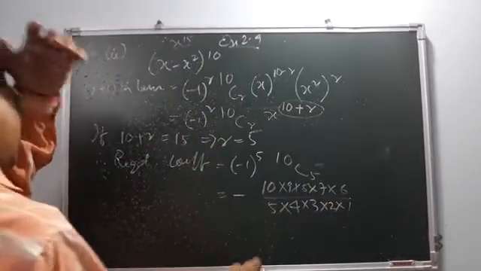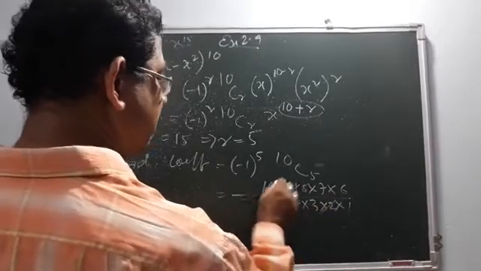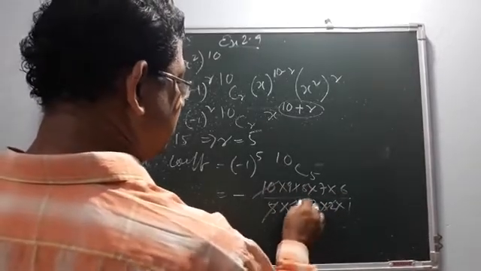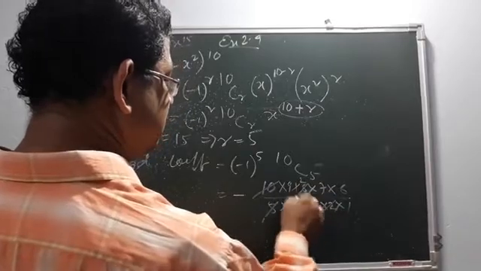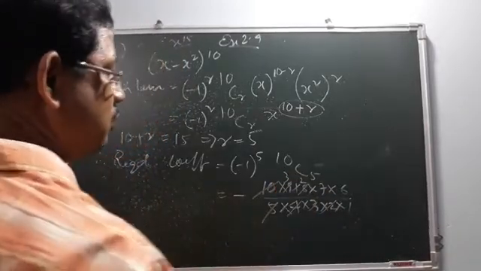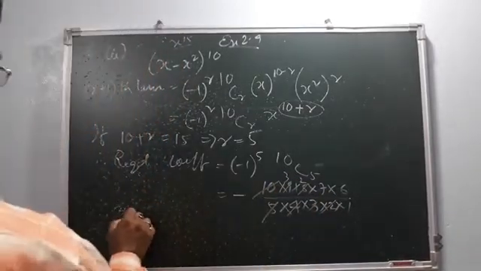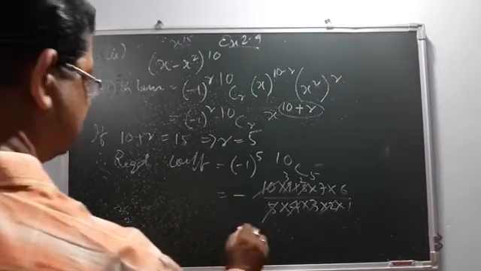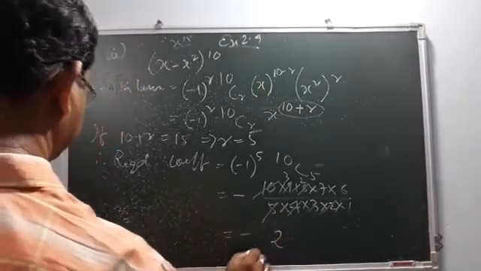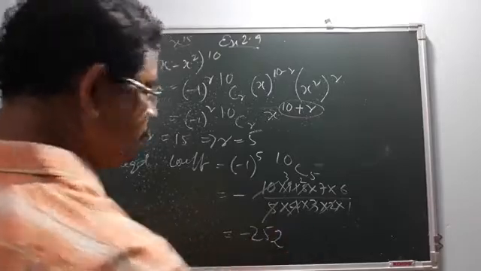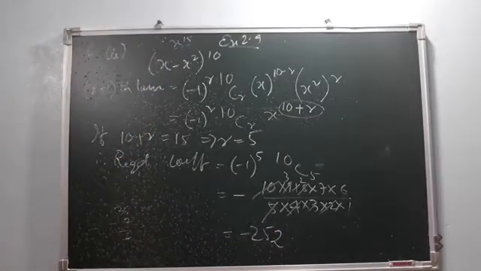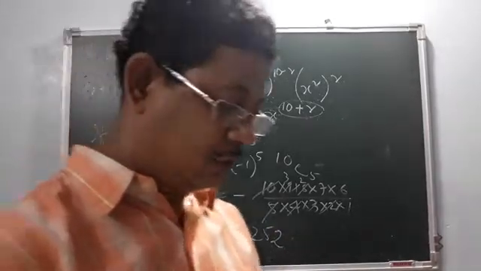Now we will cancel: 5 into 2 is 10, then 4 into 2 is 8, 3 into 3 is 9. So what we get: 6 into 6 is 36, into 7. So 252 is our coefficient of x to the power 15 in this one.